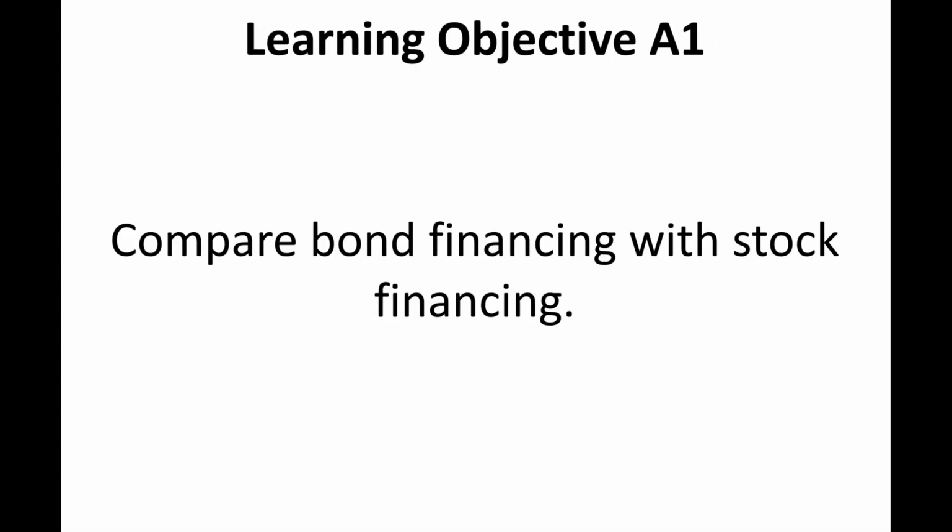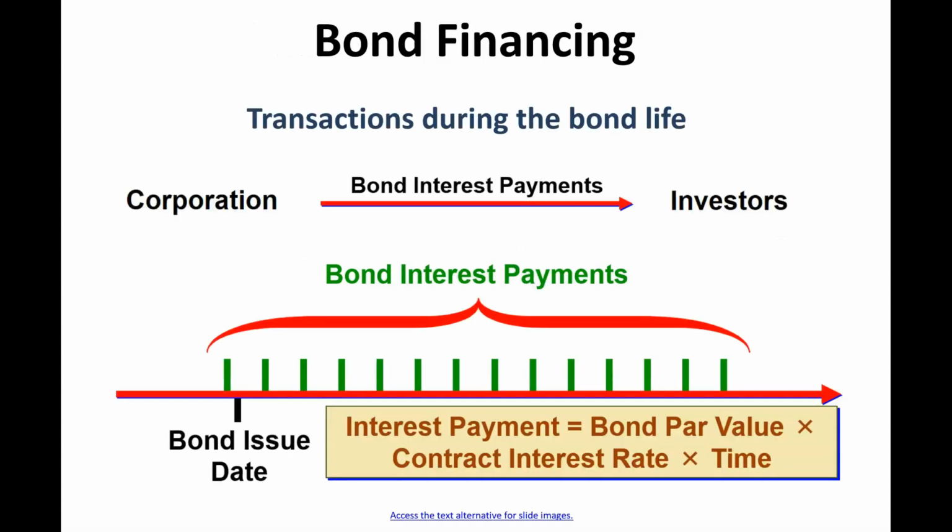Compare bond financing with stock financing. When you invest in stock, a company receives money for a share of ownership of their company. When you get a bond, the company issues a bond similar to how they issue stock, but you do not receive a piece of ownership with a bond.